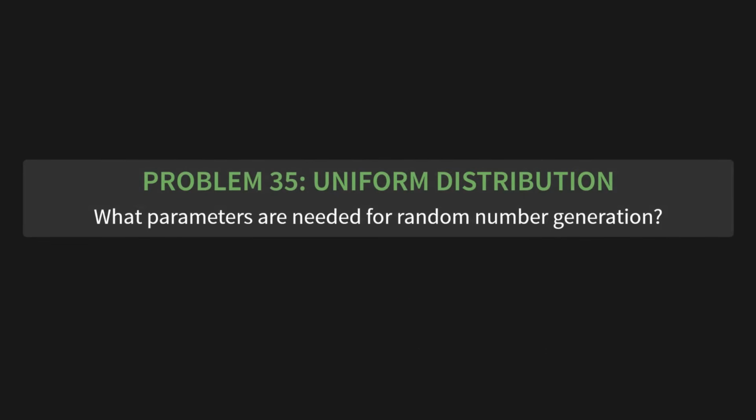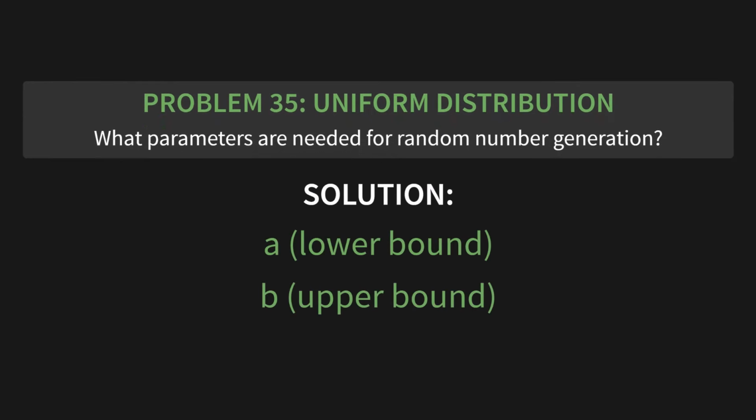What parameters are needed for a uniform distribution for random number generation? A, the lower bound, and b, the upper bound.